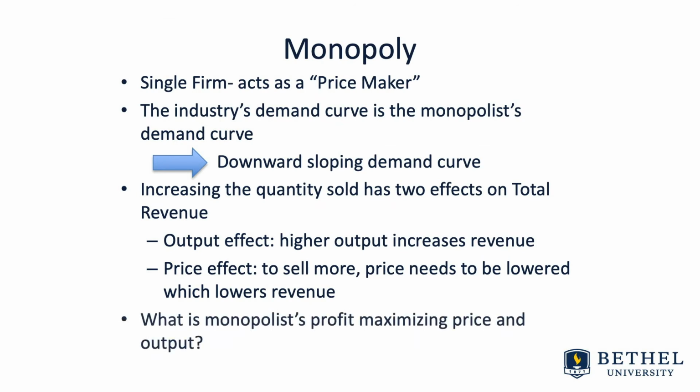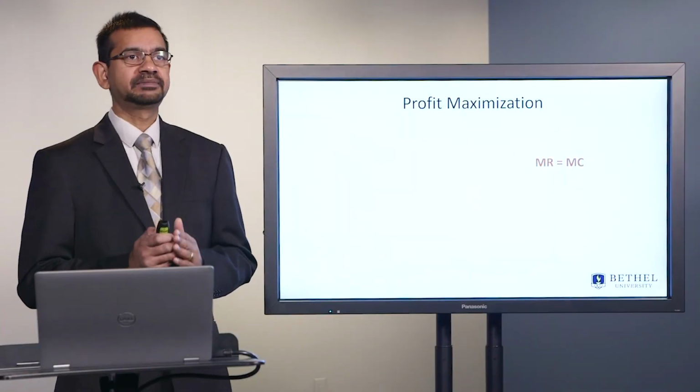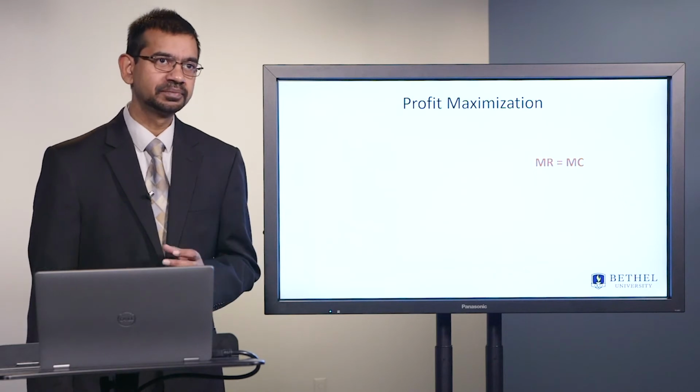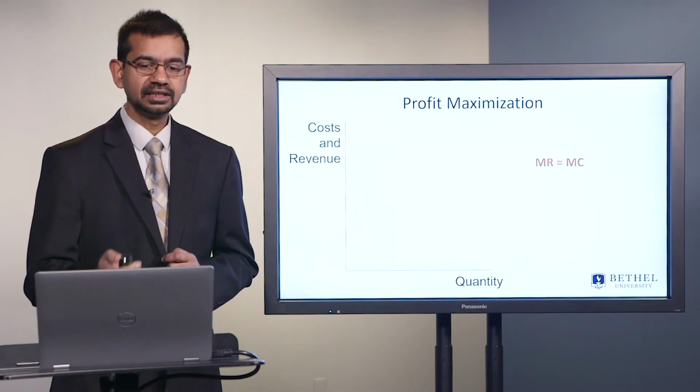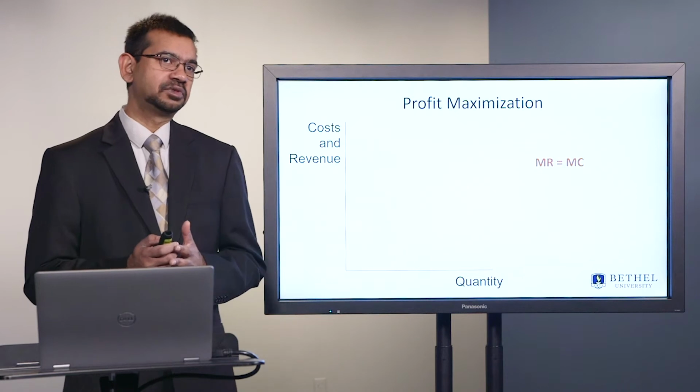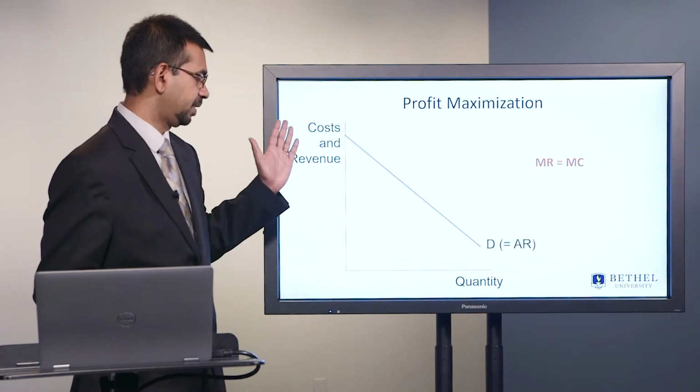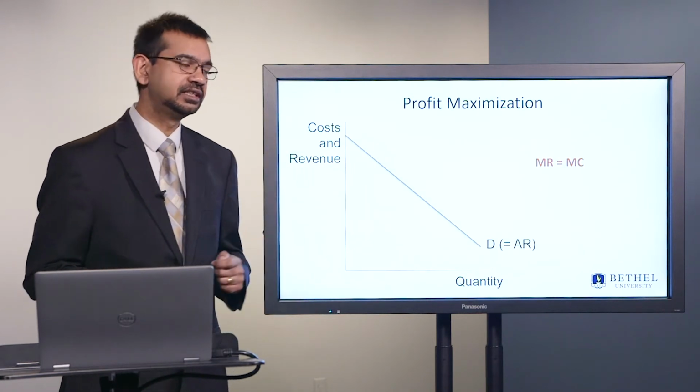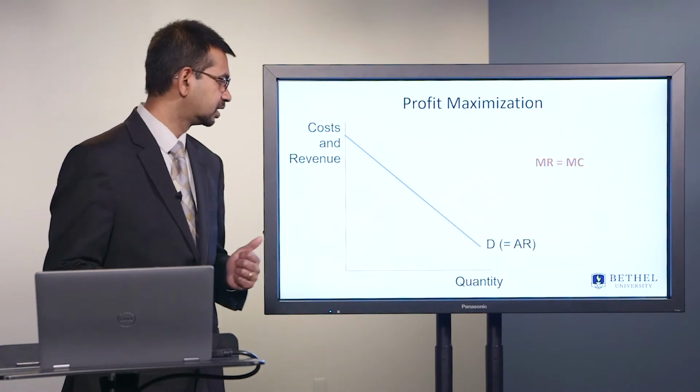So the key question is, what metric does a monopolist follow to maximize their profits? The key condition for profit maximization is when marginal revenue equals marginal cost. So the demand curve is downward sloping. So we have the demand curve here. In a monopoly, the demand curve is always the average revenue curve.